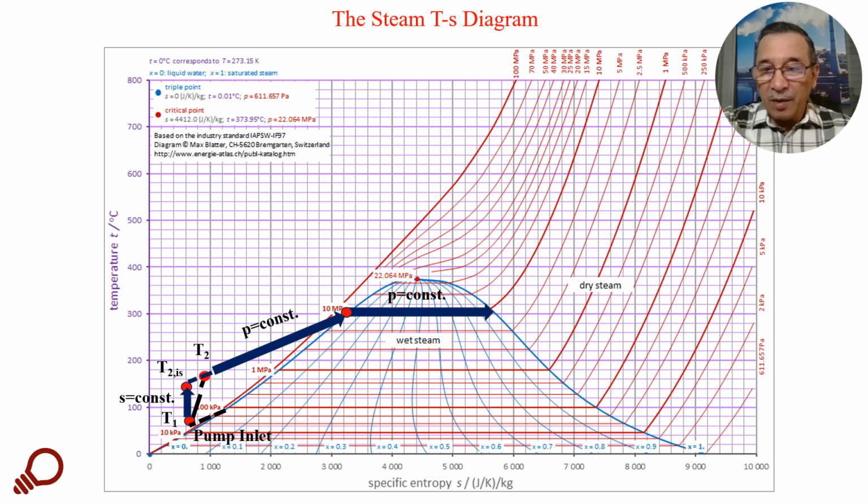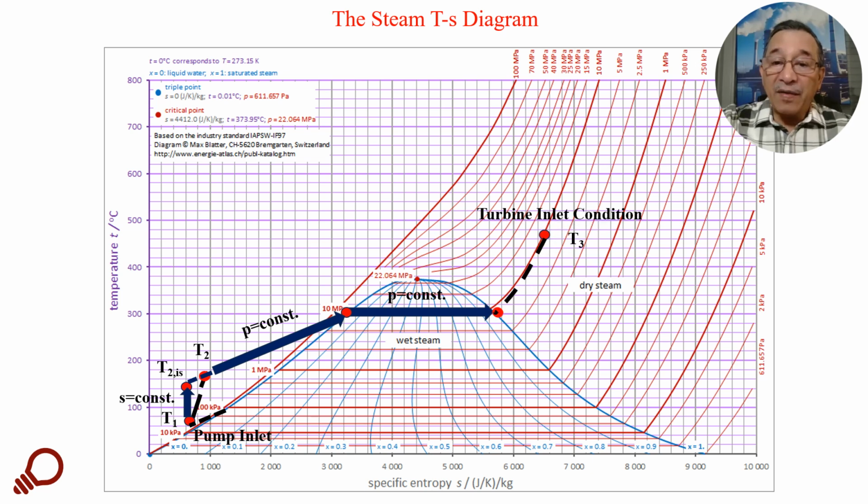Then a part of the liquid will be evaporated at P constant, and especially for pure fluids, then we have T constant as well. And it approaches a saturated value, which is saturated vapor.